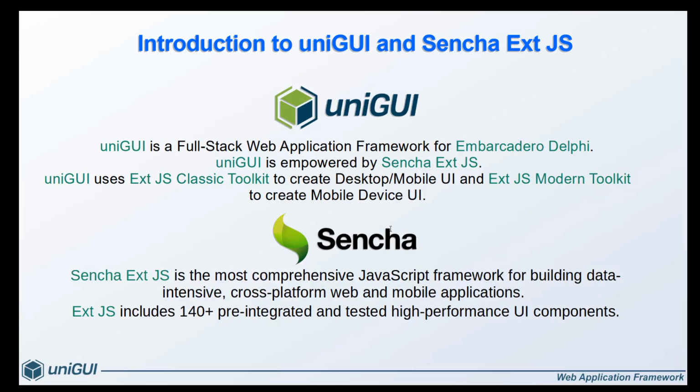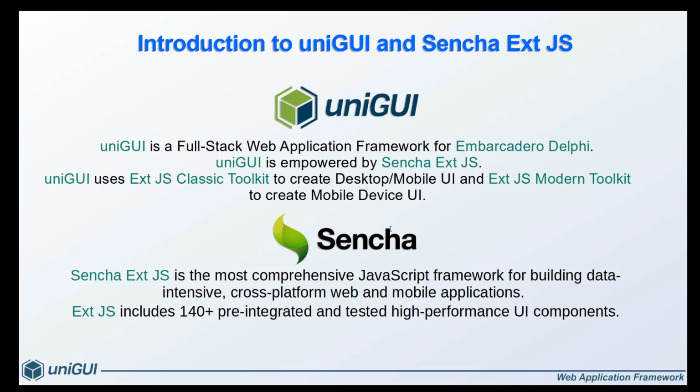Now let's talk a bit about Sencha Ext JS. Probably you have wondered what Sencha Ext JS is and why it is so important for the uniGUI framework. Basically, Sencha Ext JS is an enterprise-level JavaScript library for creating advanced client-side user interfaces.